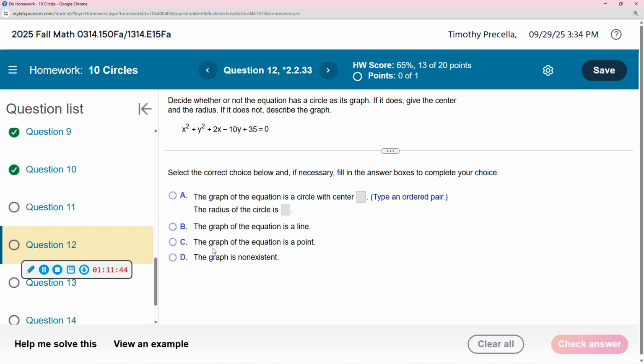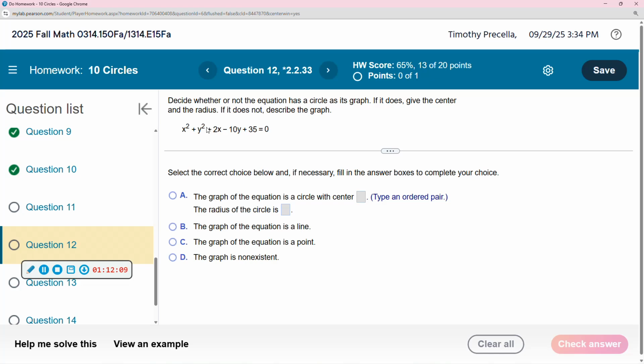Oh, someone's trying to be fancy. What is this non-existent? Why couldn't they say there is no graph? It's just a blank graph, not even a point. The instructions make it sound like you just look at the problem and decide. You cannot decide. You've got to go all the way through it until you find that radius.